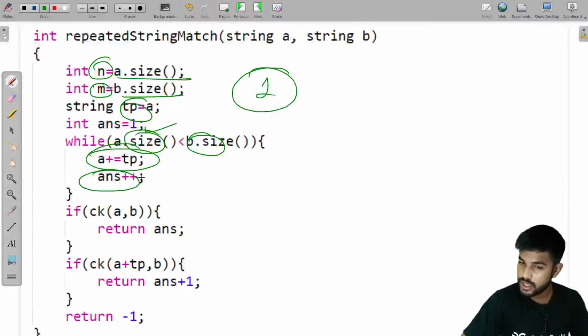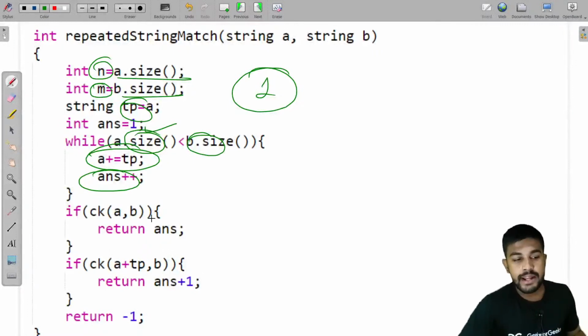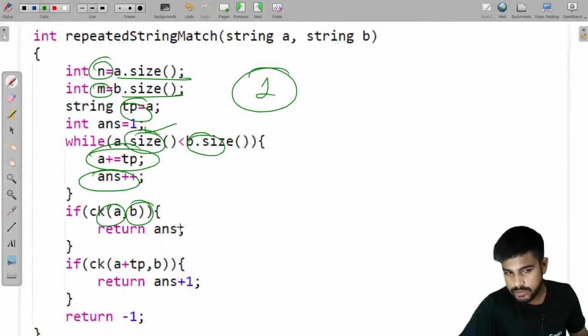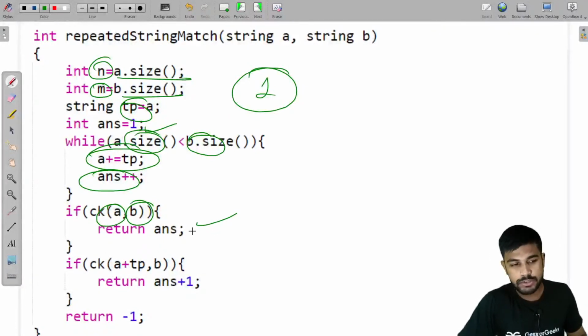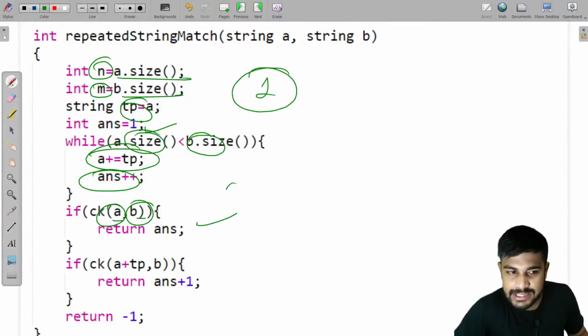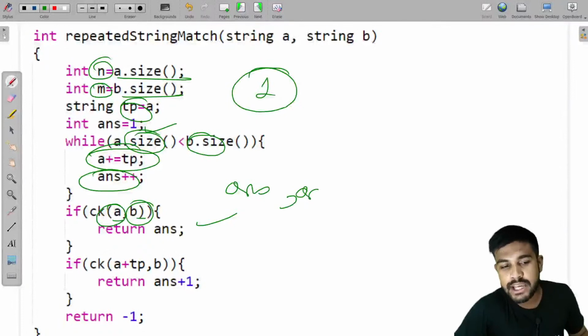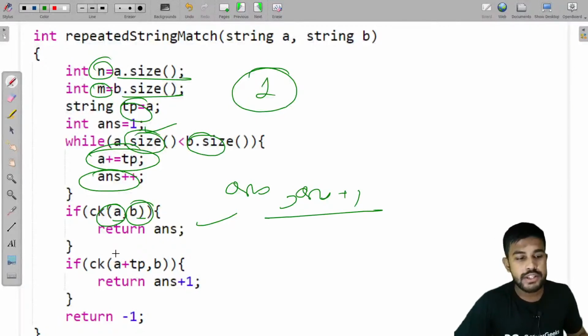Now I have designed a check function which would tell me if b is a substring of a or not. How? That won't be a problem. So the answer can be answer or answer plus 1. That is the same thing.